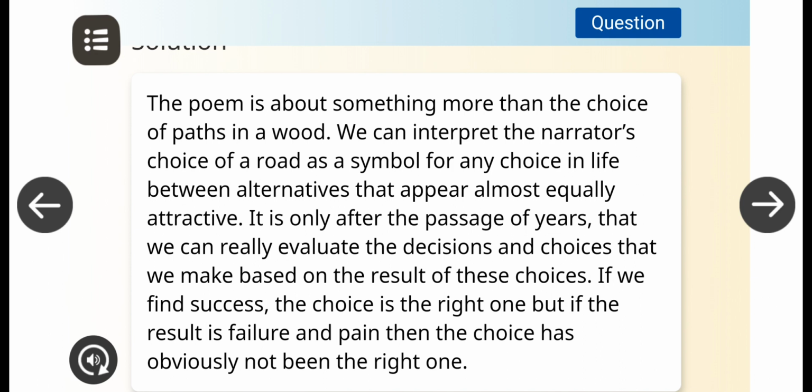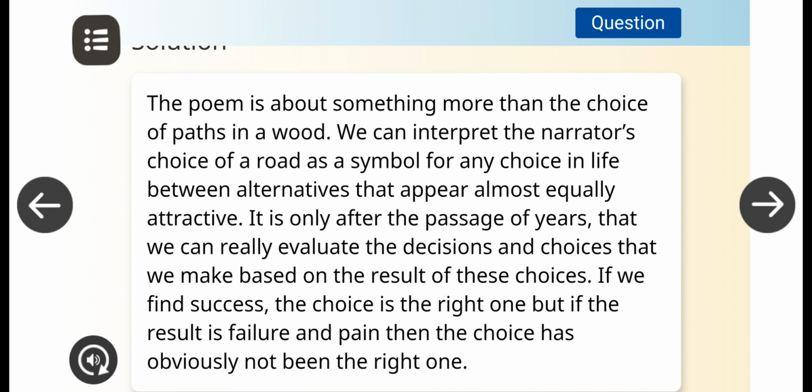So this is how we can understand whether the choice we have taken is the correct one or the wrong one. Evaluate your decision. If you make a proper choice by proper consultation and following the correct advice and instructions, you will find success, which means you will find fulfillment, joy, and happiness.